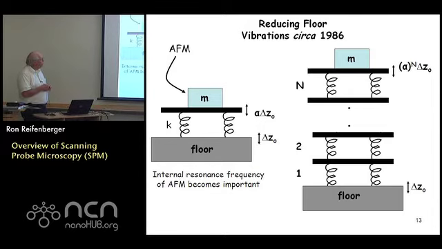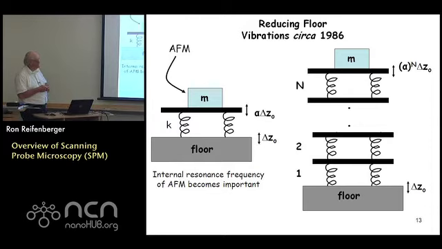Well, if you could build one stack like this, one vibration isolation stack, then you can build many. And this is often what was done in the early days. You would build different levels of vibration isolation. Each level would give you a factor of alpha vibration isolation. So if you had n stacks, you would just have alpha raised to the n power times the initial vibration.